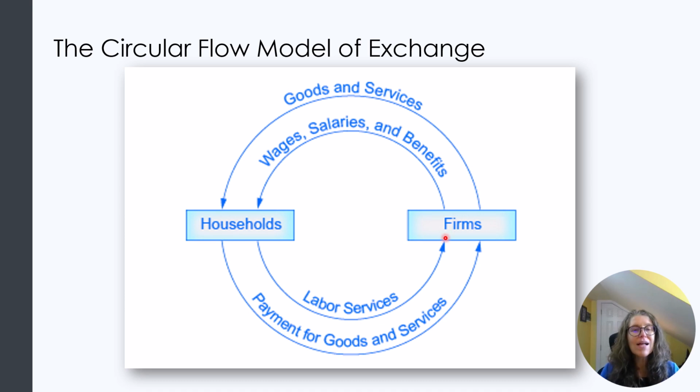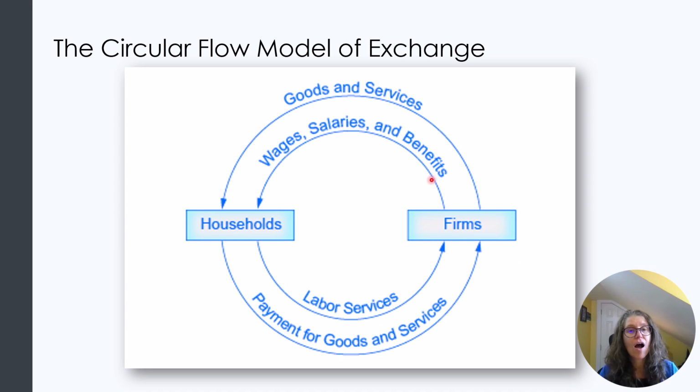But then what's happening within the firm itself, right? This is where the transformation of our resources actually takes place. Inputs, raw materials, are being turned into outputs. They're being turned into outputs with equipment, right? That is our productive economic capital.